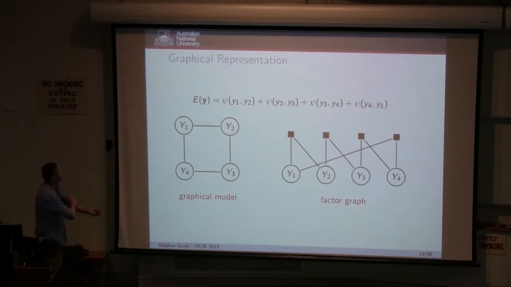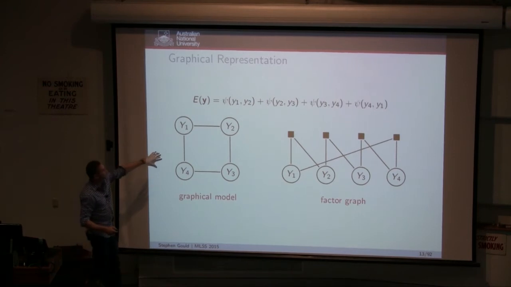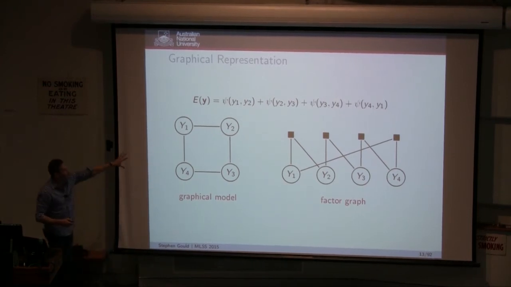Okay, so I said before that structure prediction models are sort of the same as graphical models or as undirected networks. You probably saw in the first lecture on Monday that we can depict these models in a graphical way, all right?